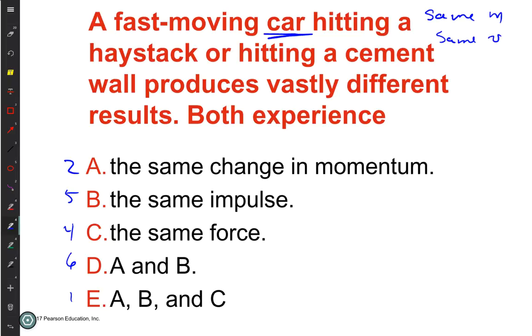Okay, let's go ahead and answer it again now you've discussed it. It's like the same force in a short amount of time. Okay. Jocelyn?